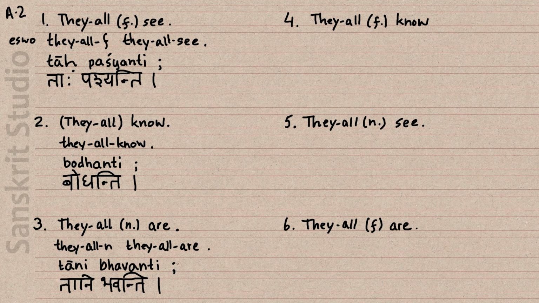Alright, so number 3 is done. Number 4, they all know. So let's see, we do our eswo as usual. They all F, and they all know.